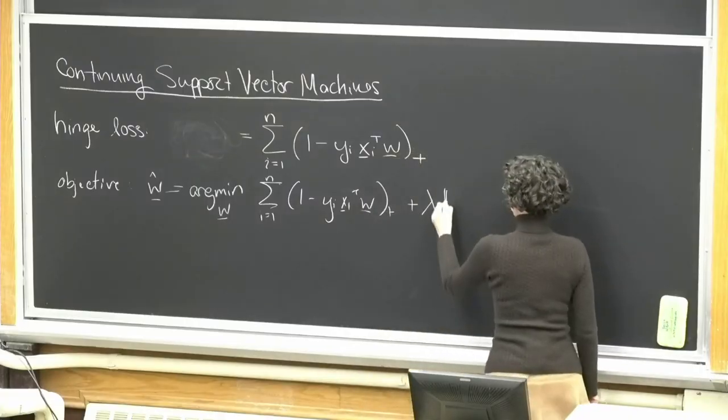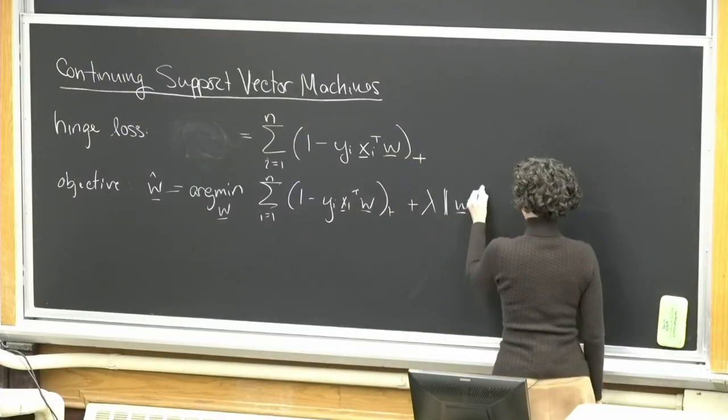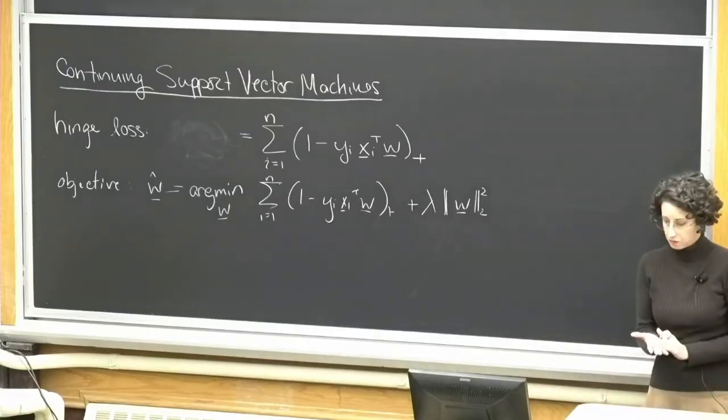So we have some regularization parameter lambda times the sum of the squares of all of the weights.